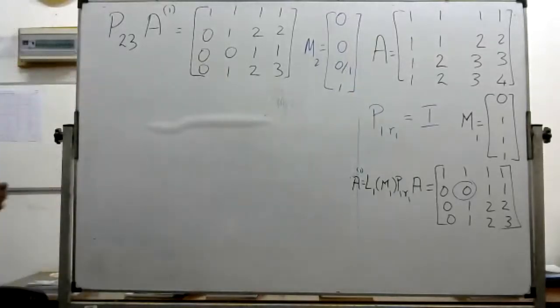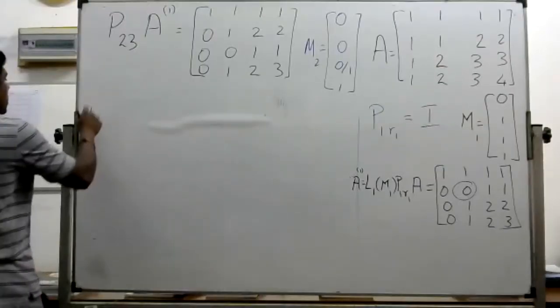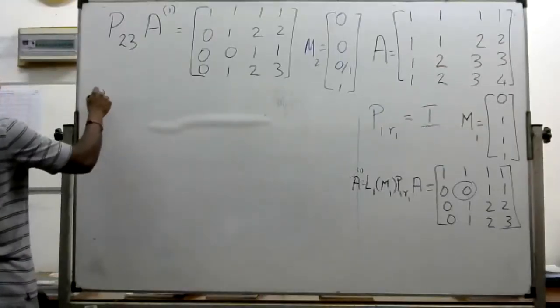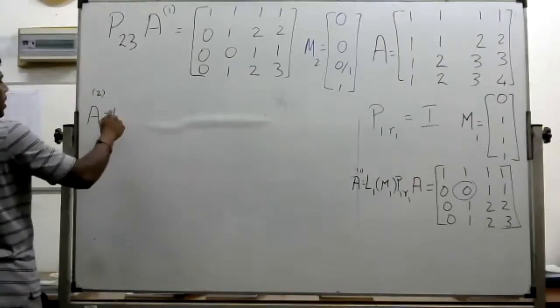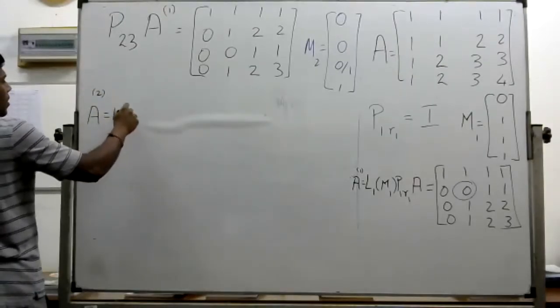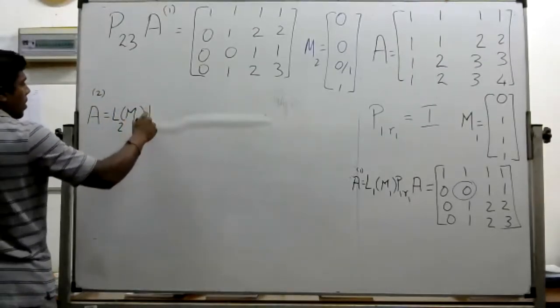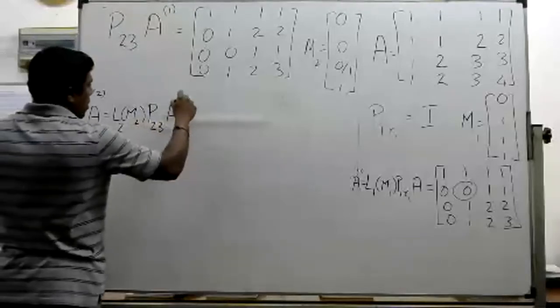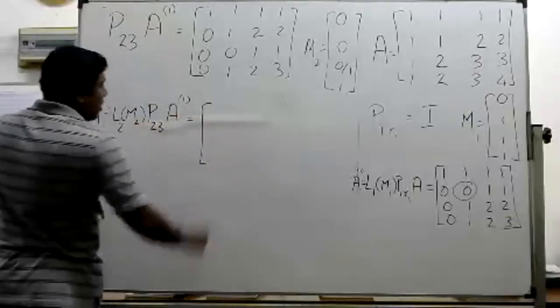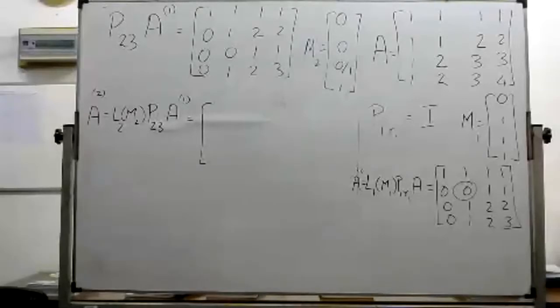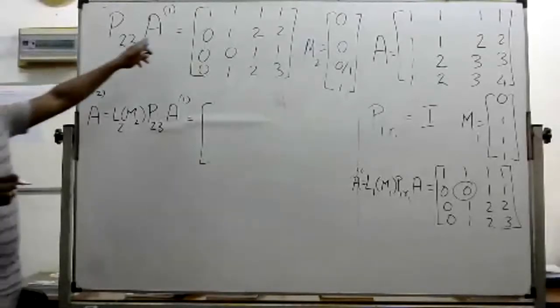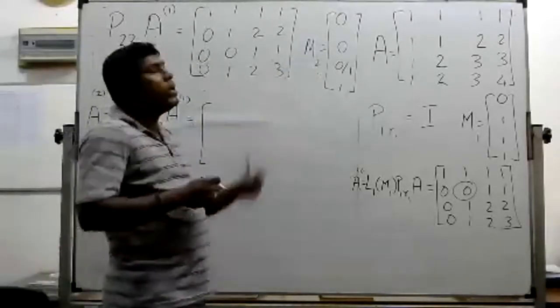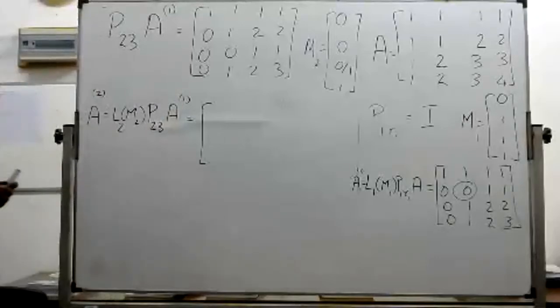Now I multiply this whole thing by the elementary lower triangular matrix associated with this M2.